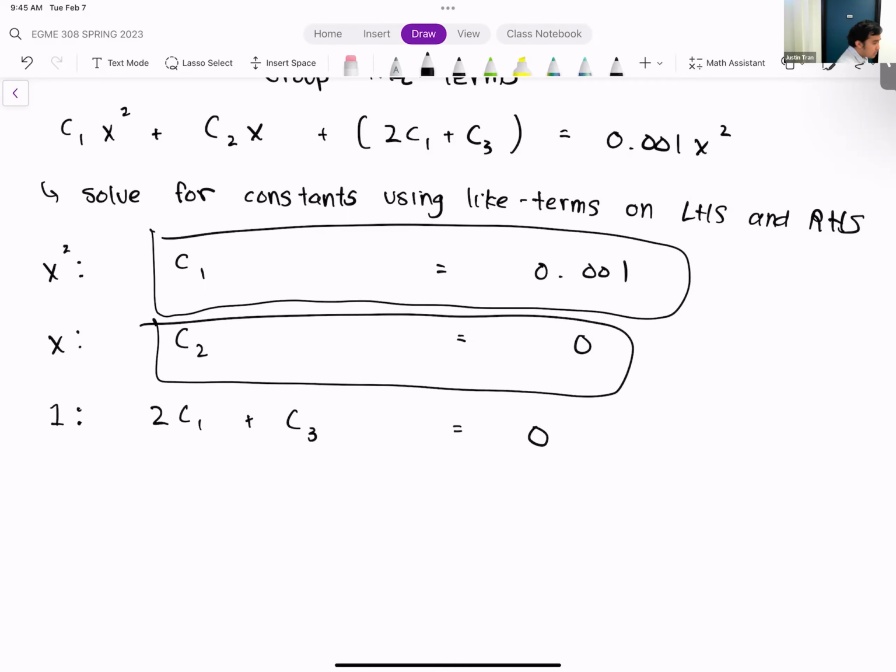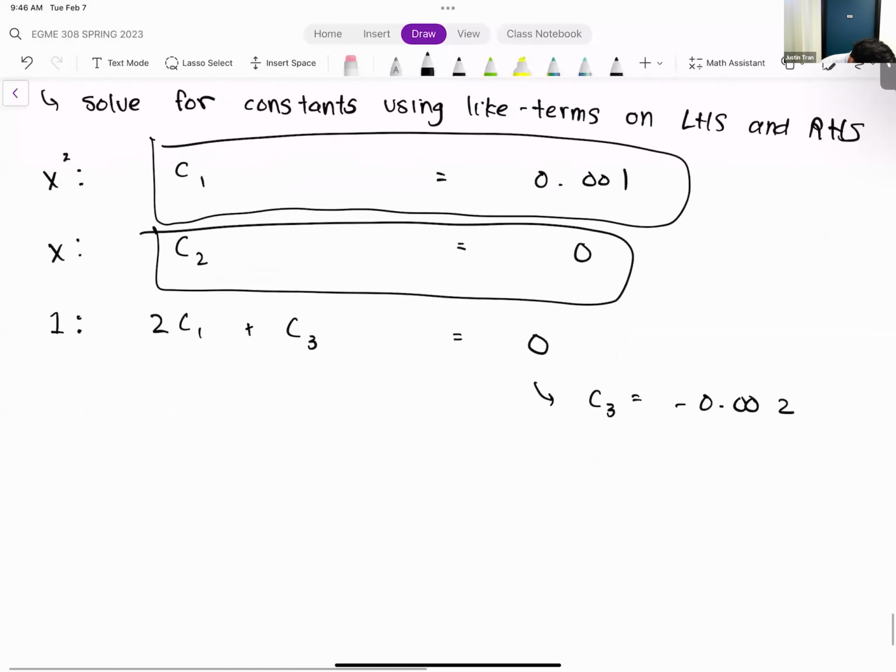Even though it's three equations, three unknowns, usually these systems are not too hard to solve. So I'm going to go just a little bit quickly, just because we are out of time today. If we plug in for this, we get c1 is equal to 0.001, c2 is equal to 0, and c3 is equal to minus 0.002. And so we plug all this in, we get yp is equal to 0.001x squared minus 0.002.